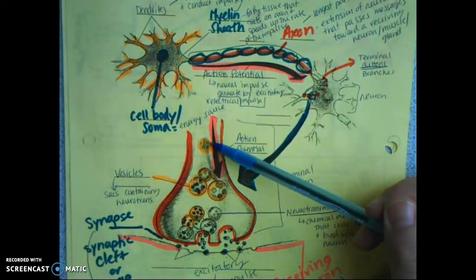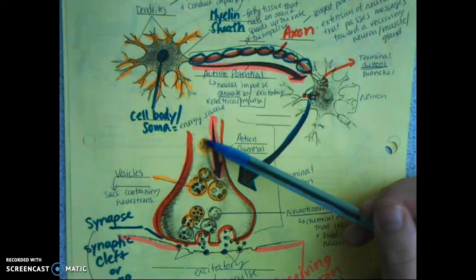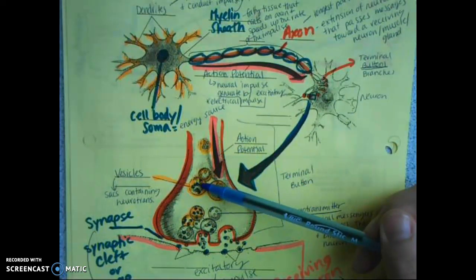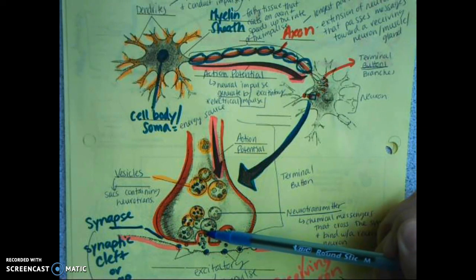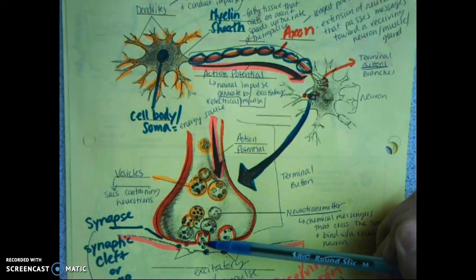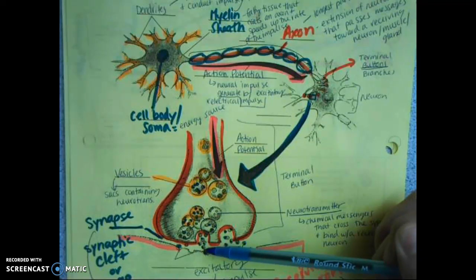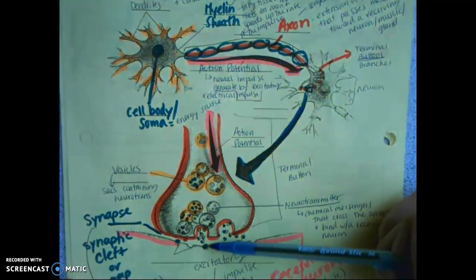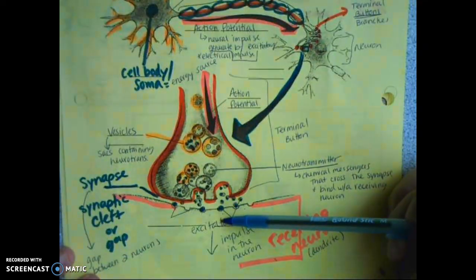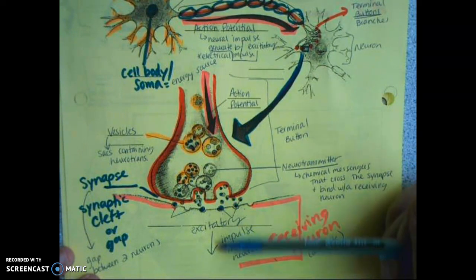As it moves into the terminal button, the electrical charge is going to activate these vesicles that have neurotransmitters. Those neurotransmitters are going to move to the end of the terminal button, and they're going to be released into the synapse. Once they're floating around the synapse, they potentially can bind with the receiving neuron, and if there's enough excitatory signals, that receiving neuron will then generate an impulse of its own.